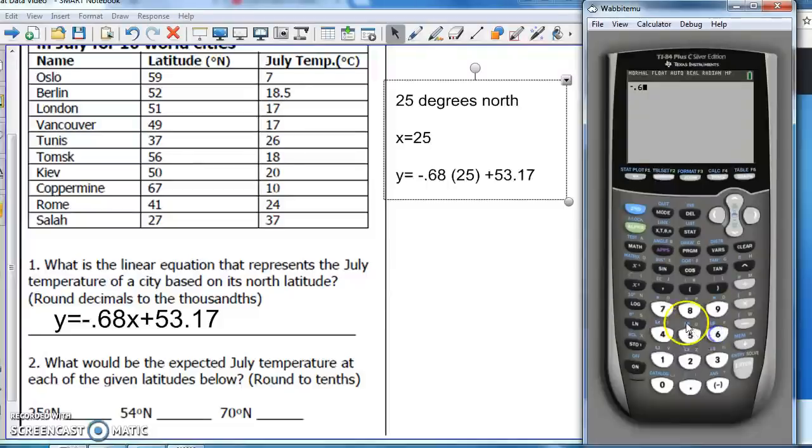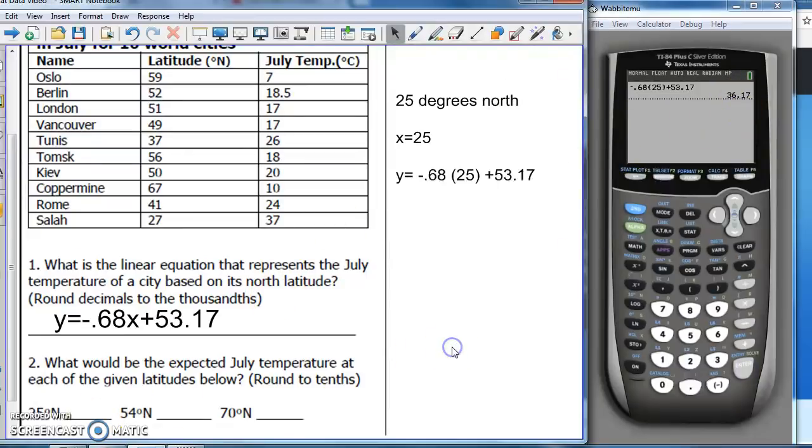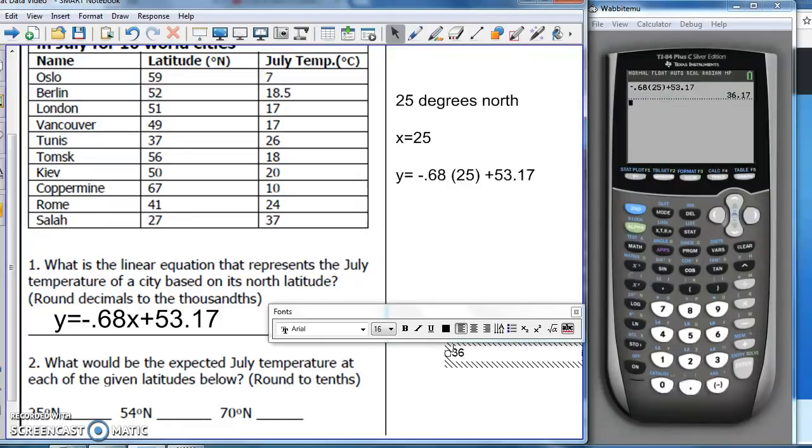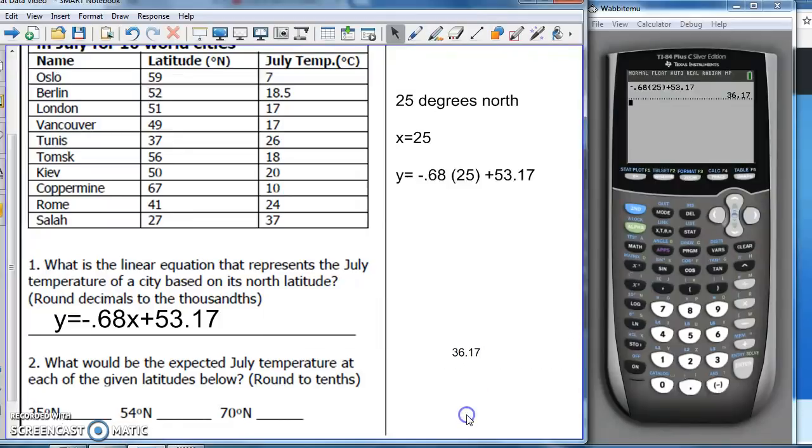Negative 0.68 times 25 plus 53.17, and that is going to give me my expected July temperature, which in this case turns out to be 36.17. And that goes in for number 1 right there.